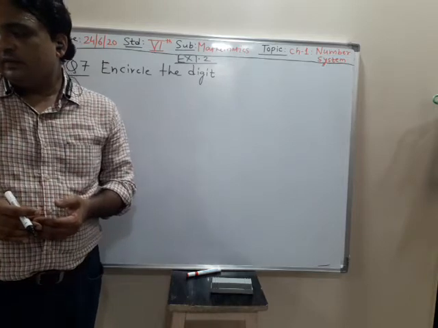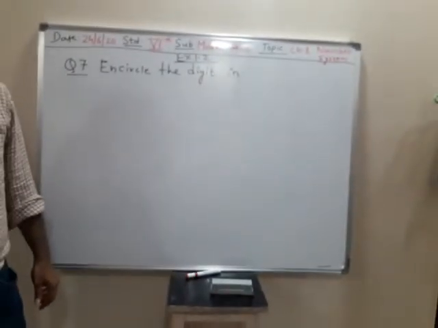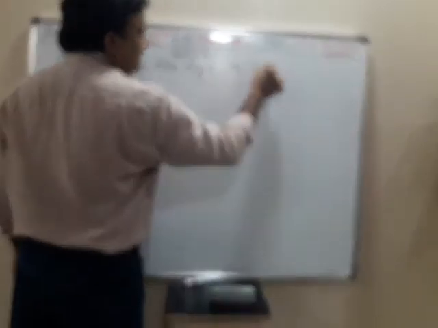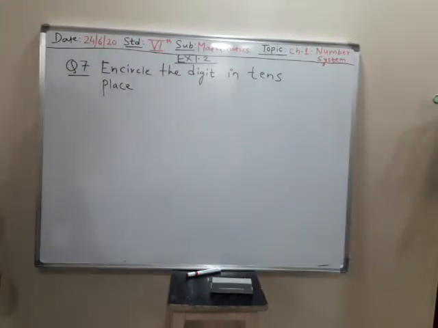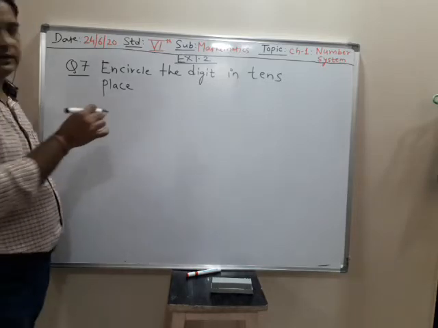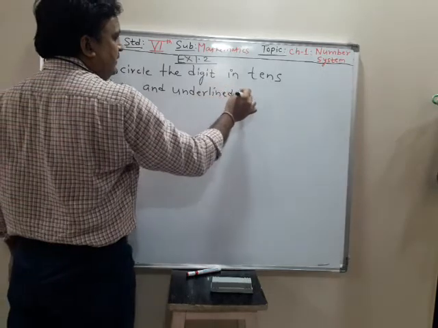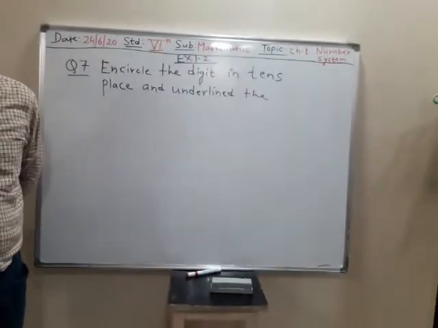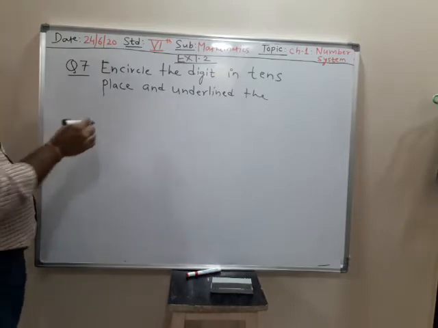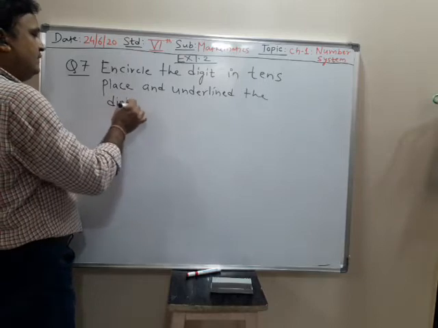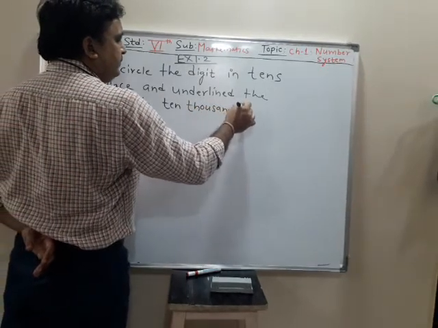Now, question number 7. Encircle the digit in tens place and underline the digit in 10,000 place.